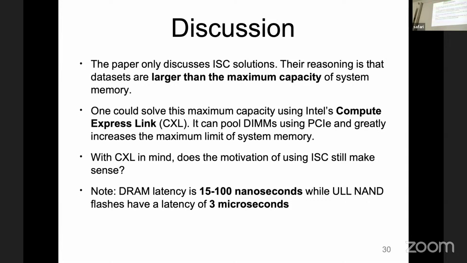So with CXL in mind, how would you maybe change this acceleration approach from ISC to processing in memory? And maybe keep in mind that the DRAM latency is also significantly lower than the flash latency. So how would you implement GNN acceleration in terms of PIM when we have CXL as our backbone?